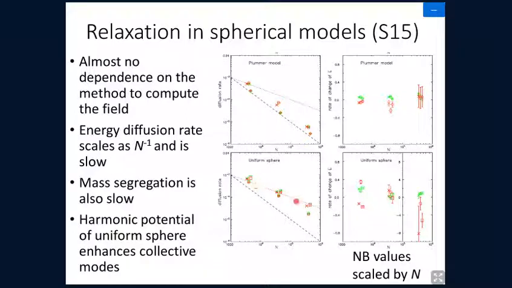It goes as n to the minus a half if you have a uniform sphere. This is a curiosity and not really of any physical relevance to galaxies, but I included that.